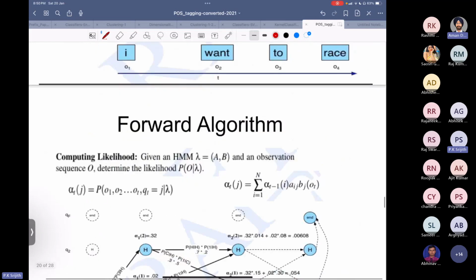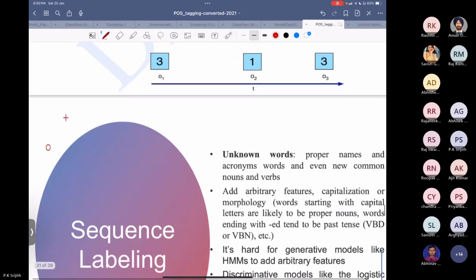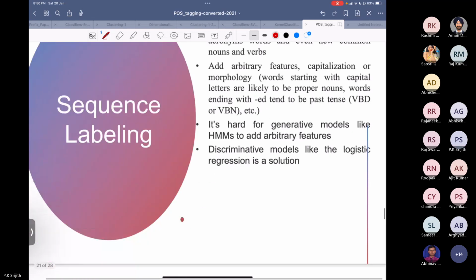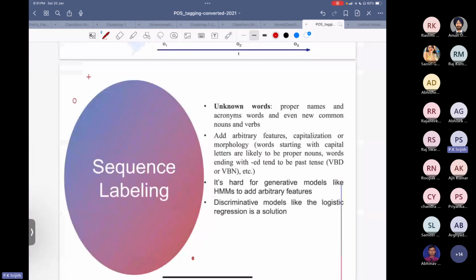We will cover the details of the Viterbi algorithm later, and let's just discuss another discriminative model which is used for sequence labeling, known as the conditional random field.